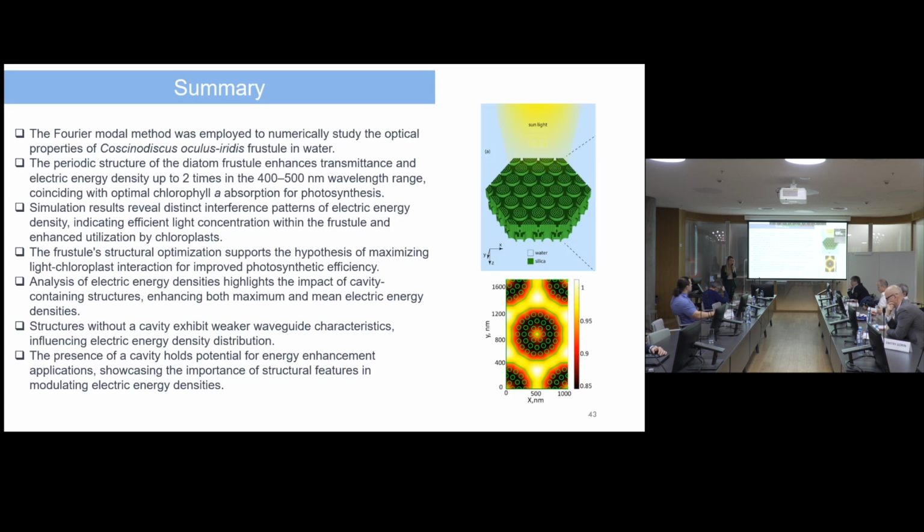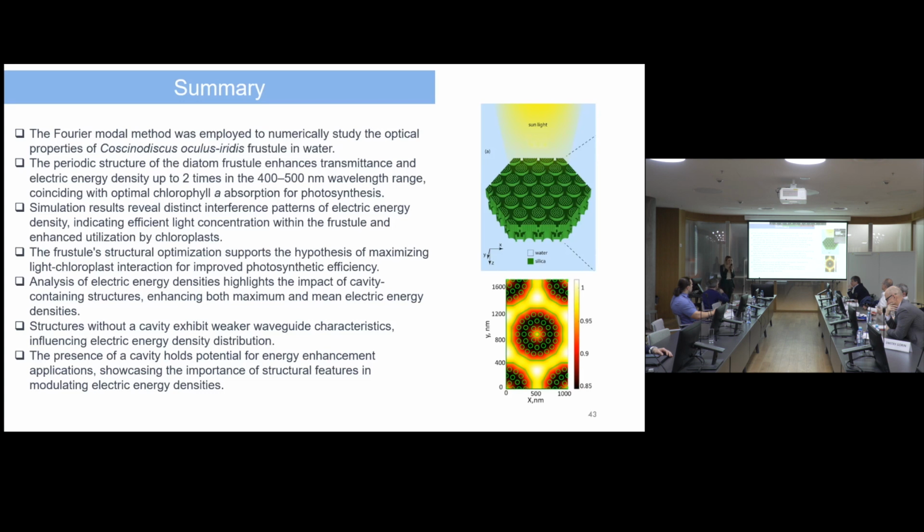And this is the place where we have the optimal chlorophyll A absorption for photosynthesis. The simulation results reveal distinct interference patterns of electric energy density that indicate efficient light concentration within the frustule and potentially enhanced utilization by chloroplasts.